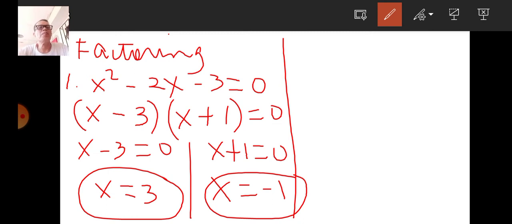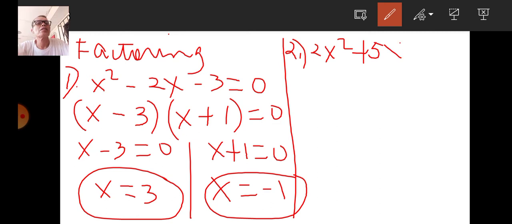Okay, another example. For example, we have 2x squared plus 5x plus 2 equals 0. So factor out.